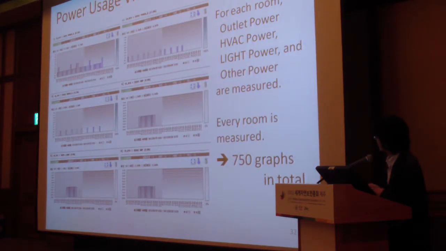And this is the power consumption viewer by room and by type. In this building, we are monitoring outlet electricity usage, HVAC usage, light usage, and other. Every room is also measured.